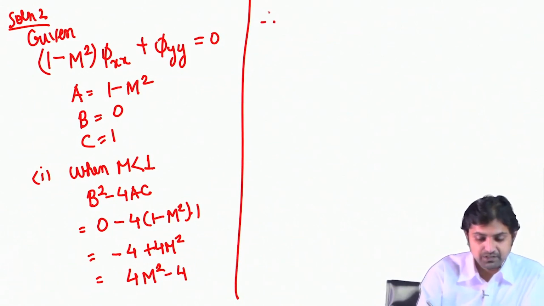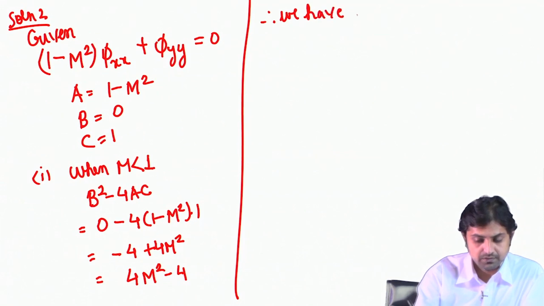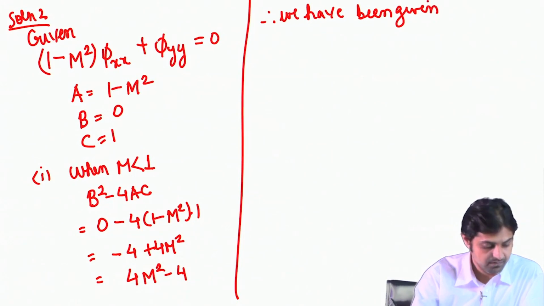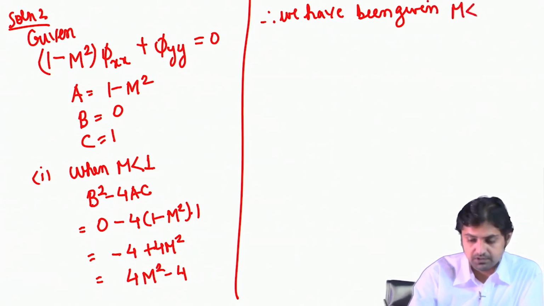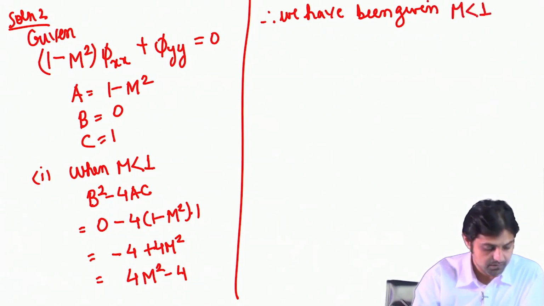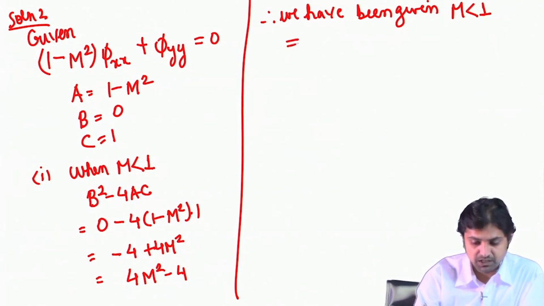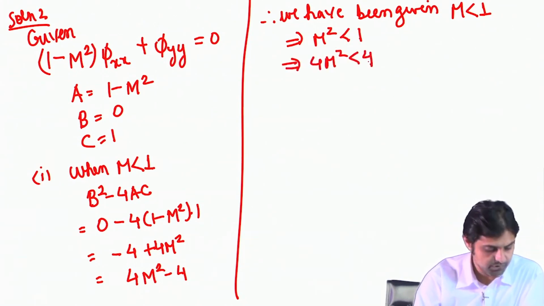All right, we have been given m is less than 1, right? It implies m square will also be less than 1, which implies 4m square is less than 4.